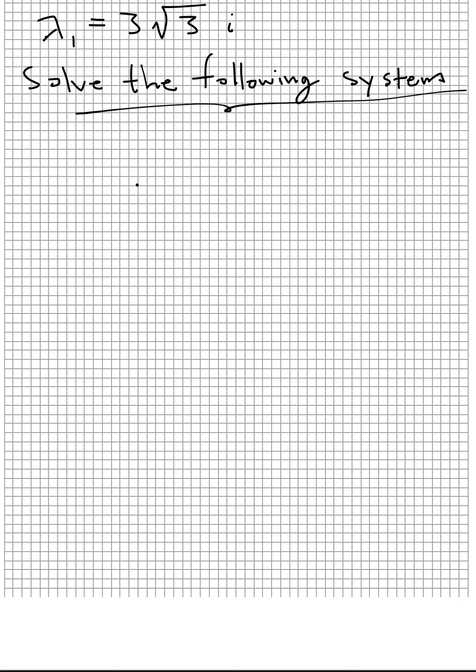All right, so the system is going to be, with our eigenvalue plugged in, 3 minus 3 times the square root of 3 times i, 9, -4, -3 minus 3 times the square root of 3 times i.